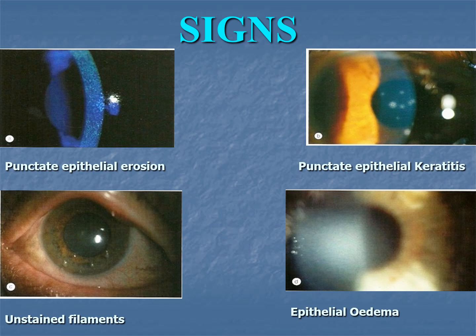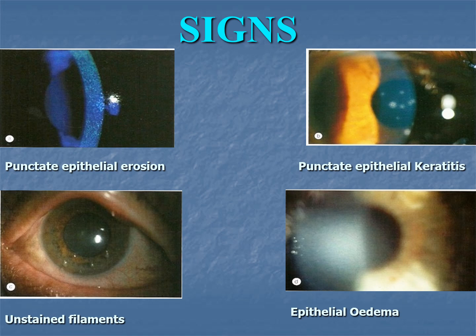In this picture, you can appreciate on the left hand upper picture, punctate epithelial erosions. These are fine erosions in the epithelium stained with fluorescein. And in picture B, upper right hand side, punctate epithelial keratitis, where you can appreciate the opalescent swollen epithelial cells looking whitish.